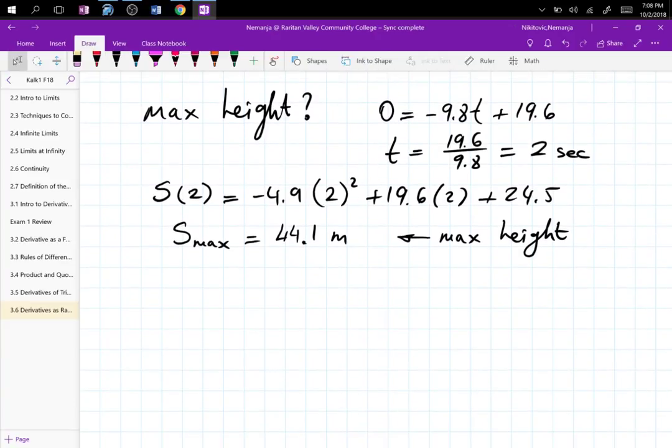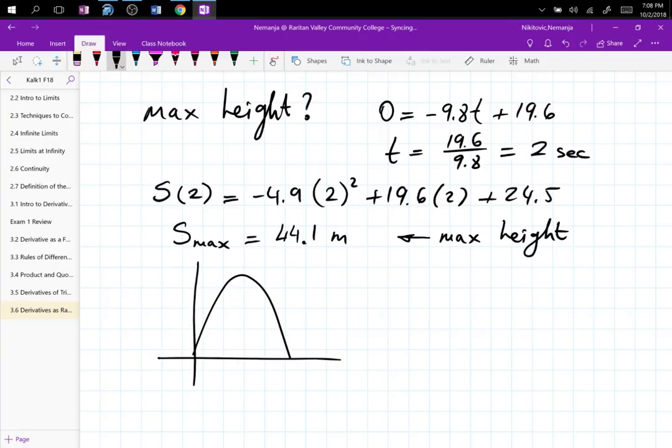For your parabolic motion, when you draw this and you have your S over here, this value here for the max height is 44.1 meters. This time t at which it happens is 2 seconds. That's in seconds.